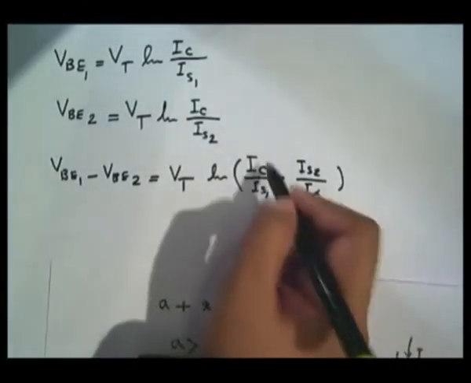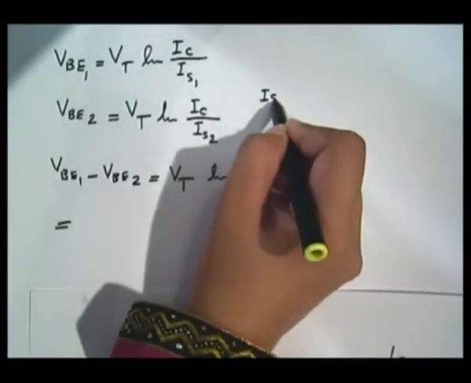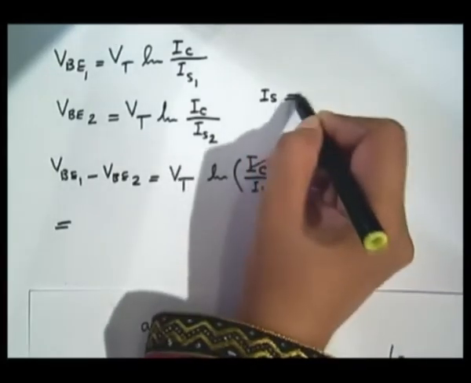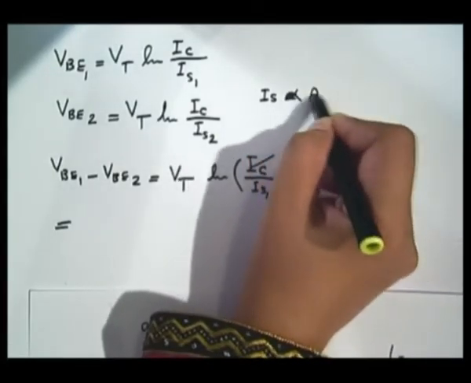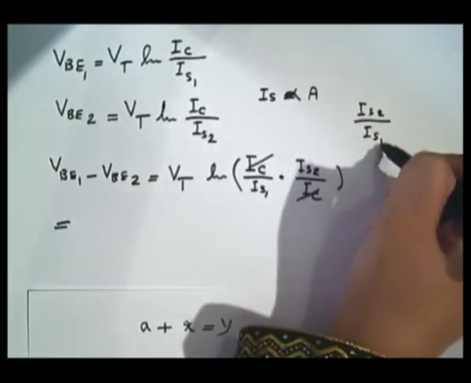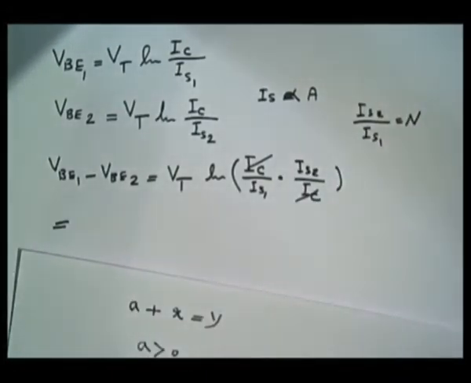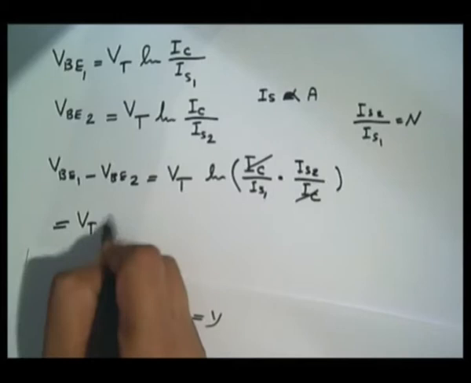So, this Ic will cancel, and because Is is proportional to A, Is2 upon Is1 is equal to N, which was the ratio of area. So this will be Vt ln N.